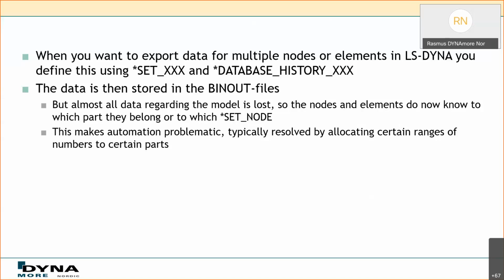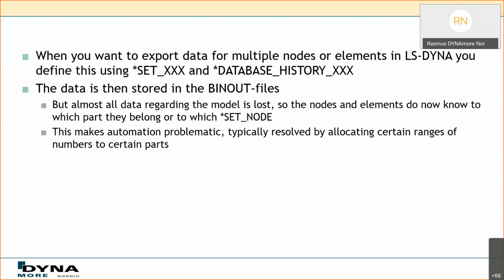on the element set. But the problem with the binout is that almost all data regarding the model is lost, all the metadata. So the nodes, for example, or elements, do not know to which part they belong. They don't know to which set they belong, what the material is, and such.